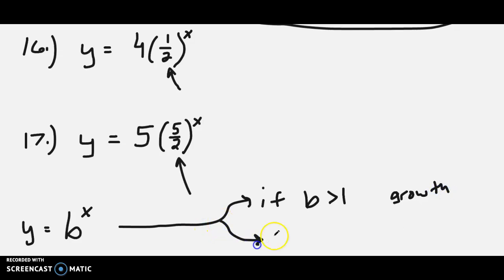But if b is less than 1, it's considered exponential decay. All right, so if you look at number 16, don't worry about the 4, but focus on what's in the parentheses there. We got a 1/2, and notice the 1/2 is less than 1. So this one is actually exponential decay.